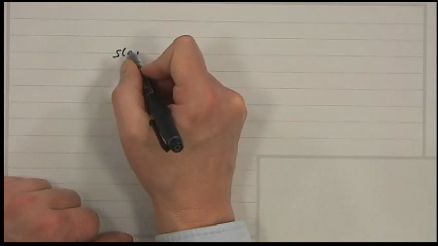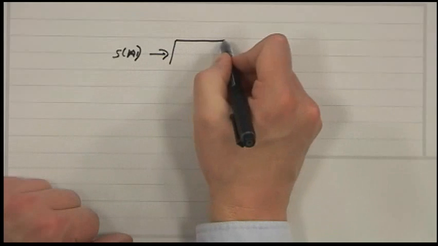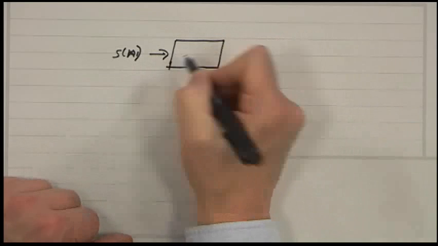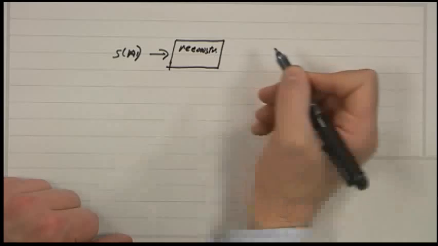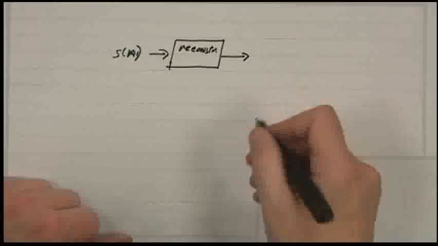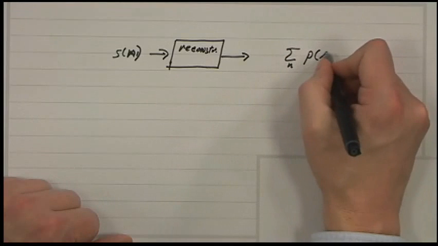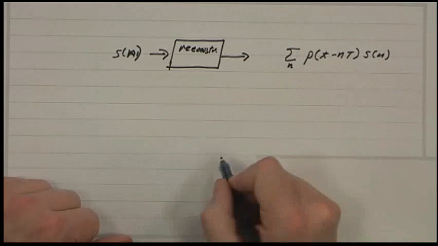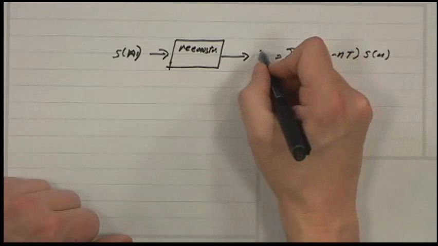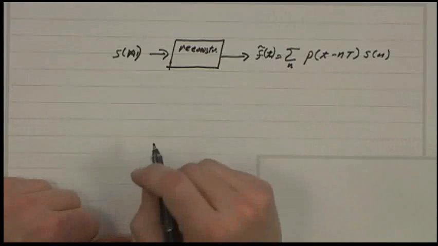If you have S of n, let's say in 1D, S of n, and it goes into something which is reconstruction, and the output here is the sum over n of p of t minus nt times s of n. So this generates a pulse train.